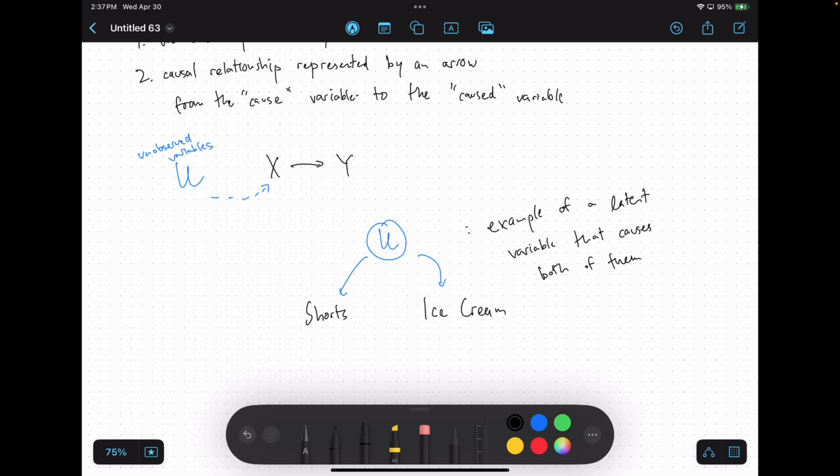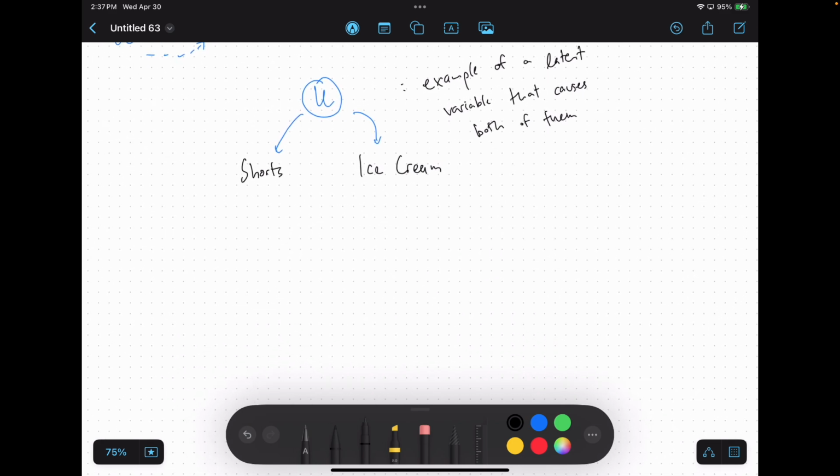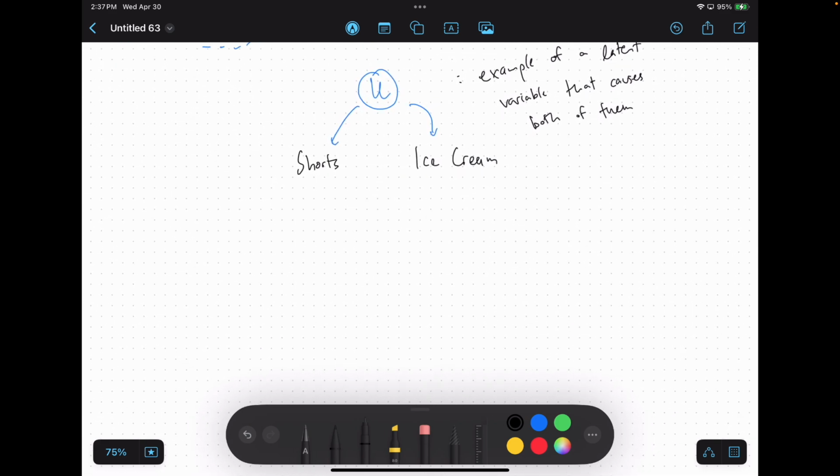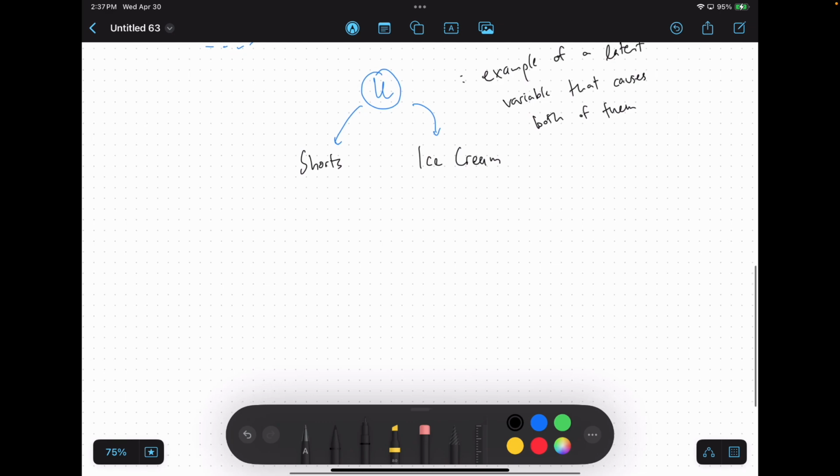But oftentimes, you may be at a loss for what unobserved or latent variable is actually being omitted. And so you want to think about throwing a lot of variables into a model to try to control for things in certain ways to get at that causal relationship. And the thing that I'll preach here is balance.